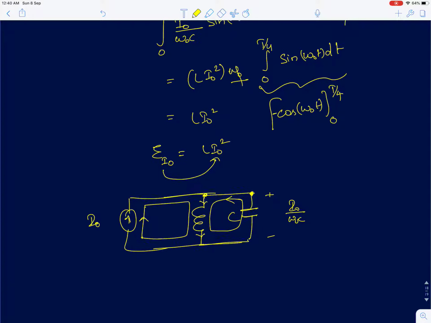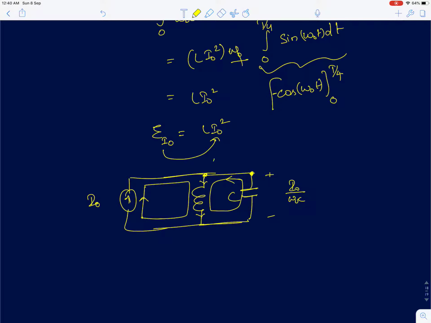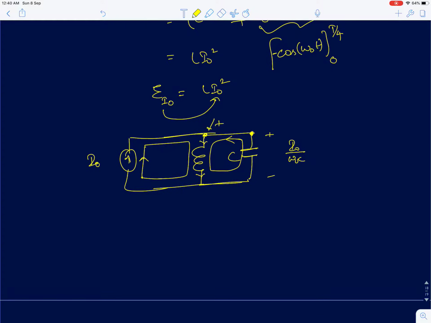generate extra current. Okay, so now since this terminal is positive, you are going to increase the current in the inductor. So the inductor current already, to begin with, had just grown to be I naught, and the capacitor voltage is also maximum now, so the rate of increase of the inductor current will also be maximum, and it will keep on increasing inductor current till the voltage across the capacitor goes to 0.